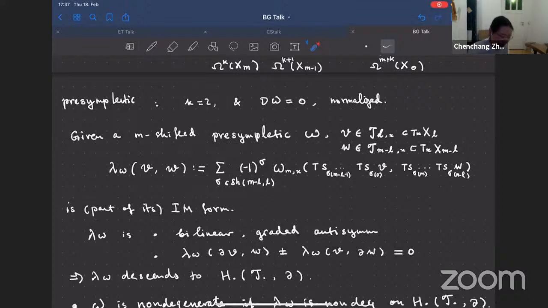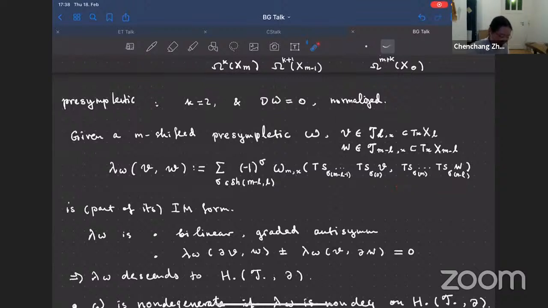The way you do it is through this formula. You take certain shuffles and you embed V back to level m via different degeneracies. You embed W into X_m again via different degeneracies.